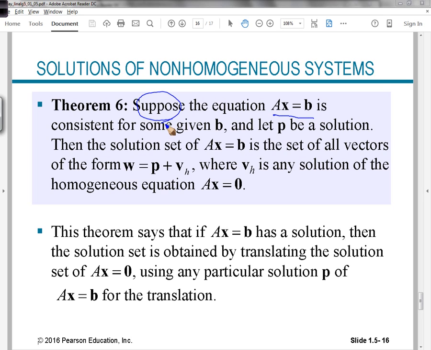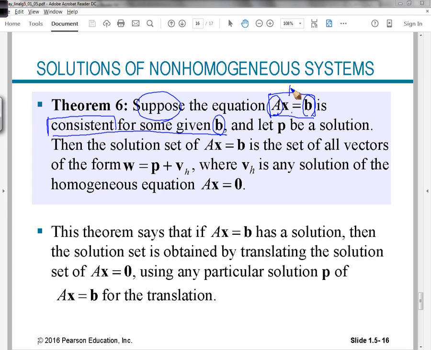But we are assuming, so the initial assumption is that this equation is consistent for some particular b vector. So the initial situation is that we are given A and b here, okay? And also, we know this is consistent, so it will have at least one solution, right?